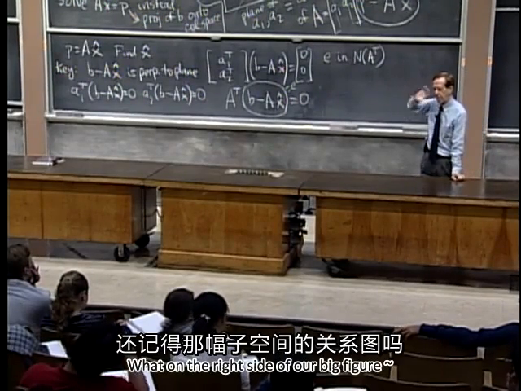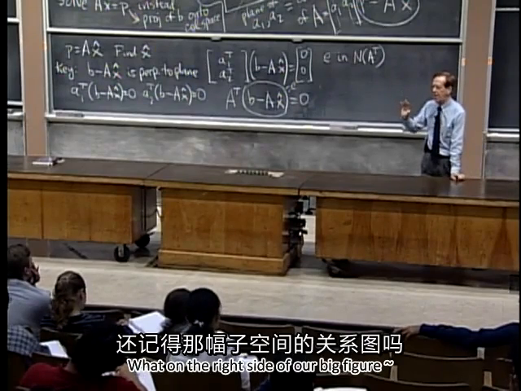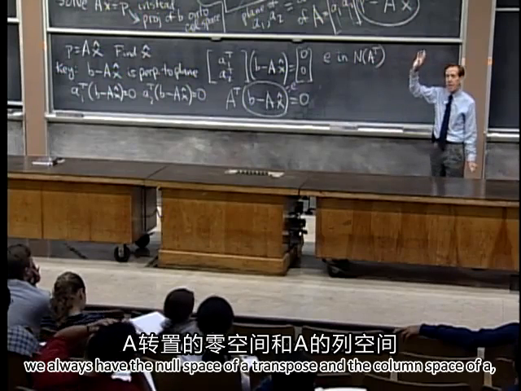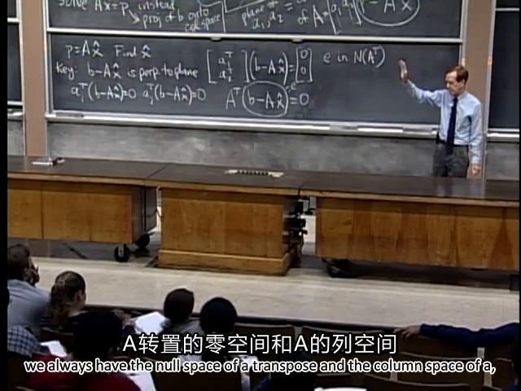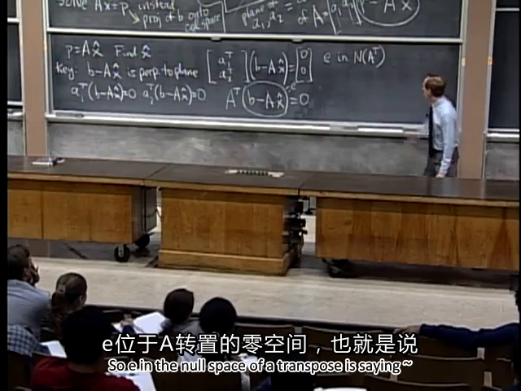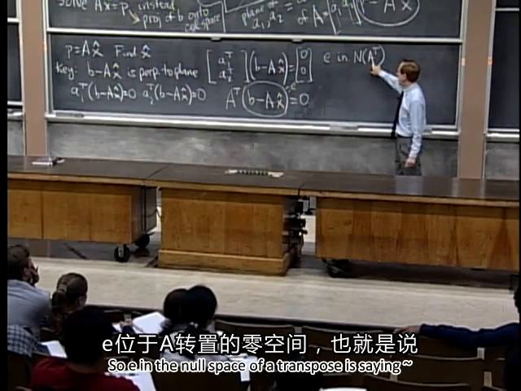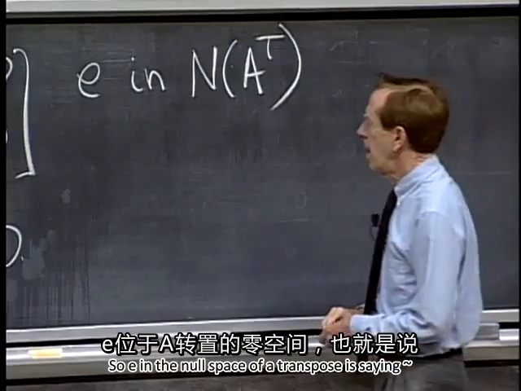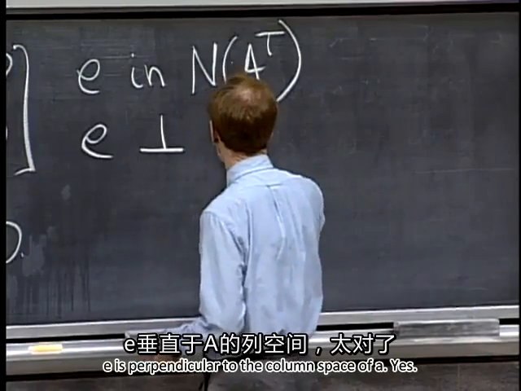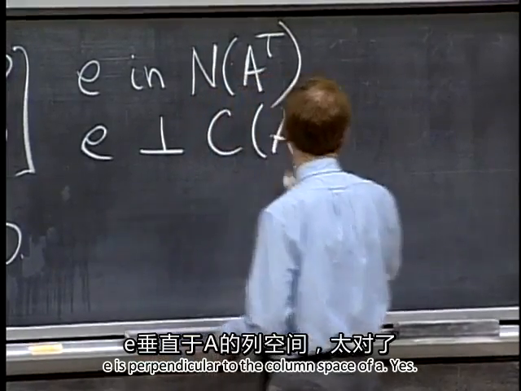On the right side of our big figure, we always have the null space of A transpose and the column space of A, and they're orthogonal. So E in the null space of A transpose is saying E is perpendicular to the column space of A.